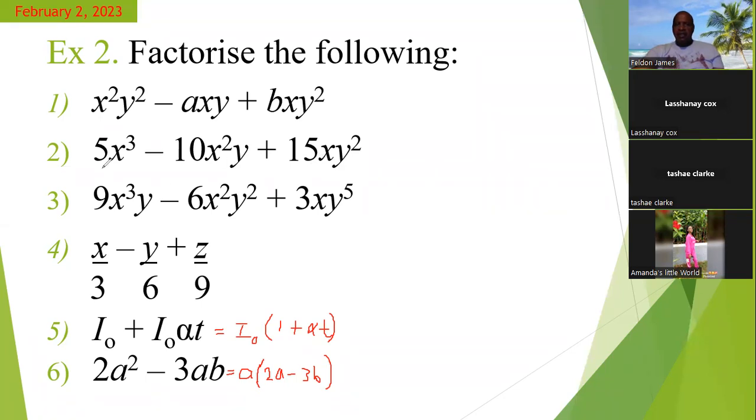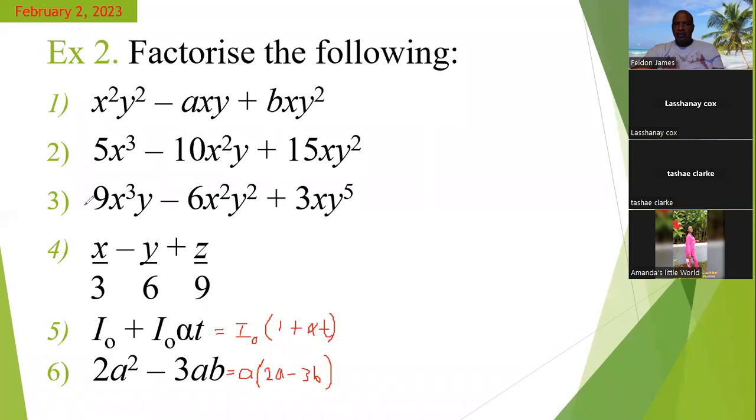And that would be the HCF for the number. So even though we can use 1 to divide 5, 10, and 15, 1 would not be the highest common factor. The highest factor that can divide all three would be 5. So we would have chosen 5 as our HCF. So that's how we find the HCF for the number.